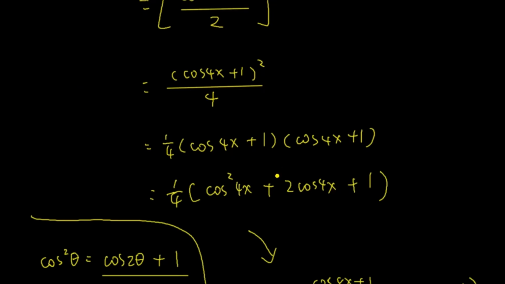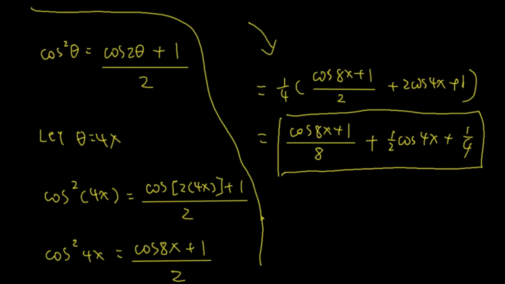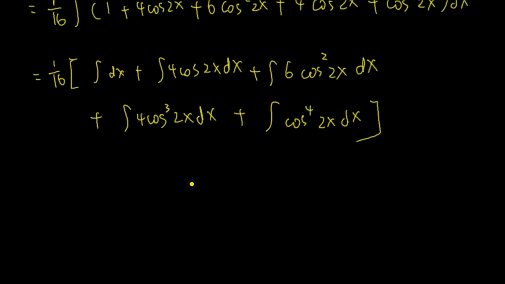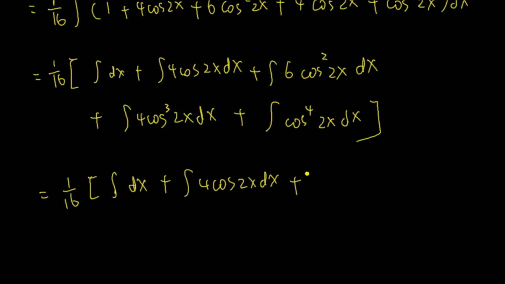I have all this rewritten into something that's easier for integration. So let's replace this integral here. That is 1 over 16 times the integral of (dx plus 4 cosine 2x dx, plus this one). Okay, let me just take out the constant here now.